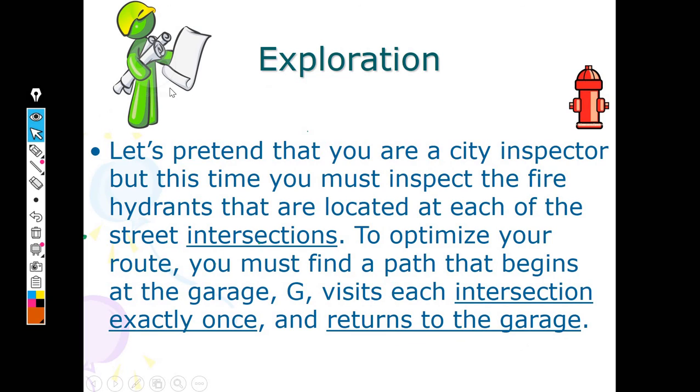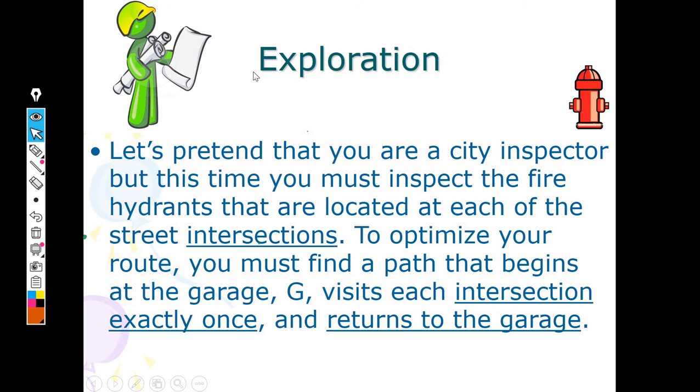Let's pretend now we are a city inspector, but we must inspect all the fire hydrants located at street intersections. To optimize our route, we're going to find a path that begins at the garage, G, visits each intersection exactly once, and by intersection we mean vertex, and then we go back to the garage.